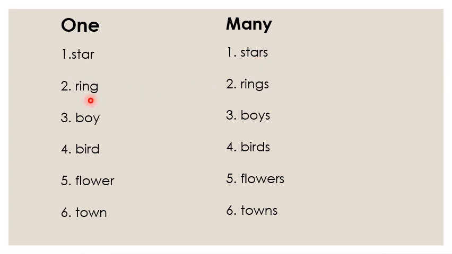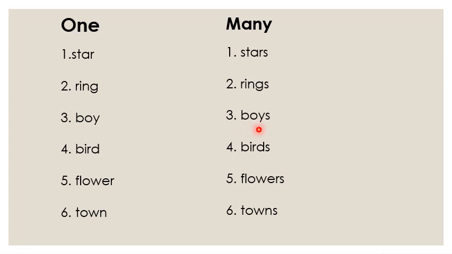Second, ring, R-I-N-G, ring. In the many, R-I-N-G-S, rings. So one ring, many rings. Number 3: B-O-Y, boy, means only one boy. If it is more than one, we add S to the end of the word.